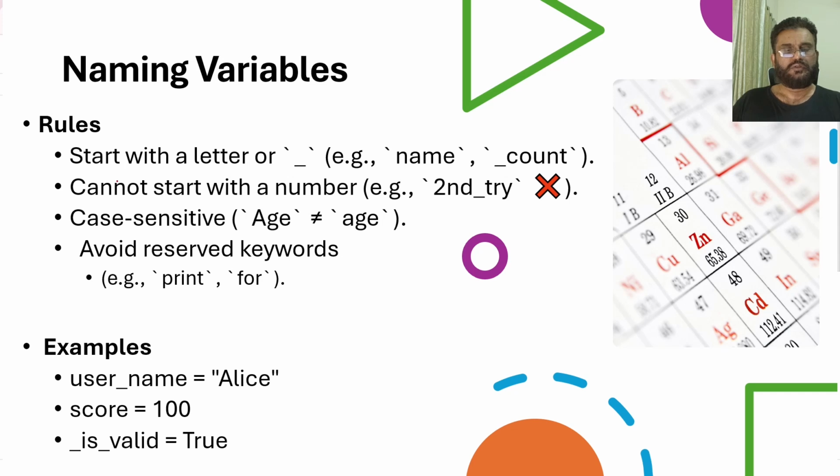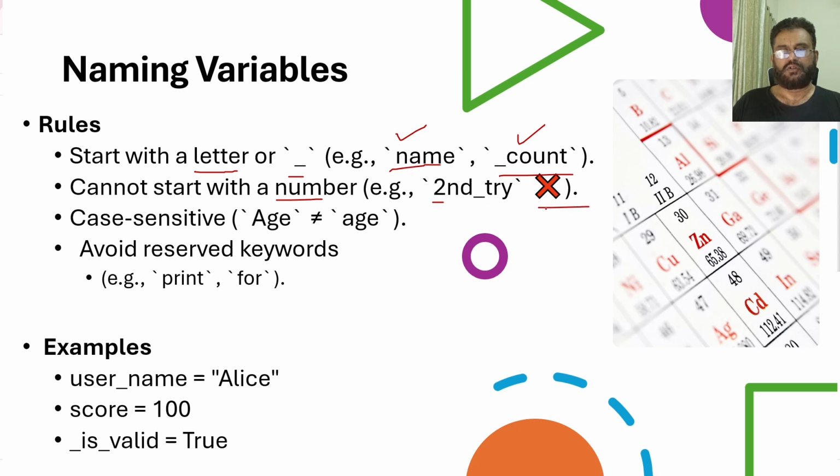So we also need to know about the naming conventions for the variables, or the naming rules. In Python, a variable must start with a letter or an underscore. For example, you can name the variable name or underscore count. So these will be valid variable names in Python syntax, like many other programming languages. You cannot start a variable name with a number. So for example, you cannot say that a variable starts with a 2 or a 3 or something.